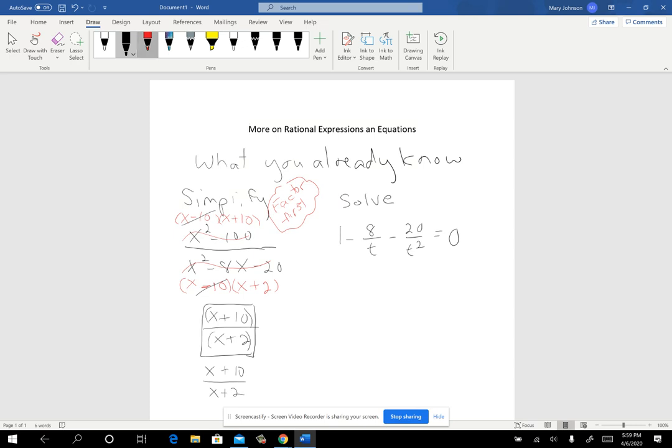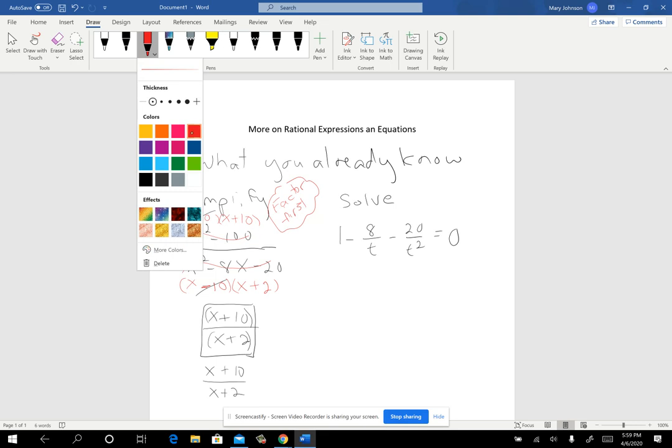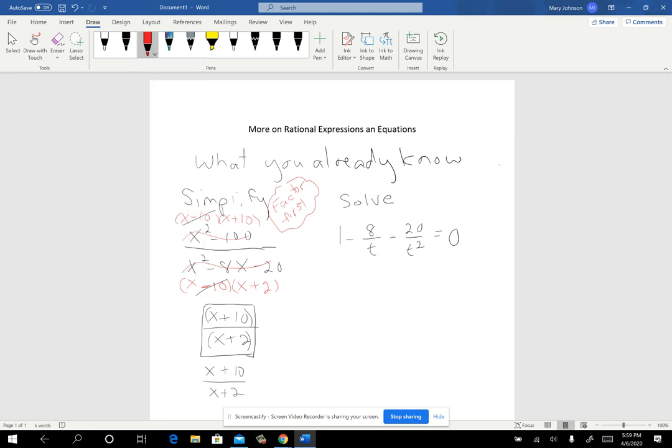The problem you see over here to the right, this was the kind of problem that you saw on the test for chapter 11. With this one, what you're going to do is clear the fractions. That's the idea here.